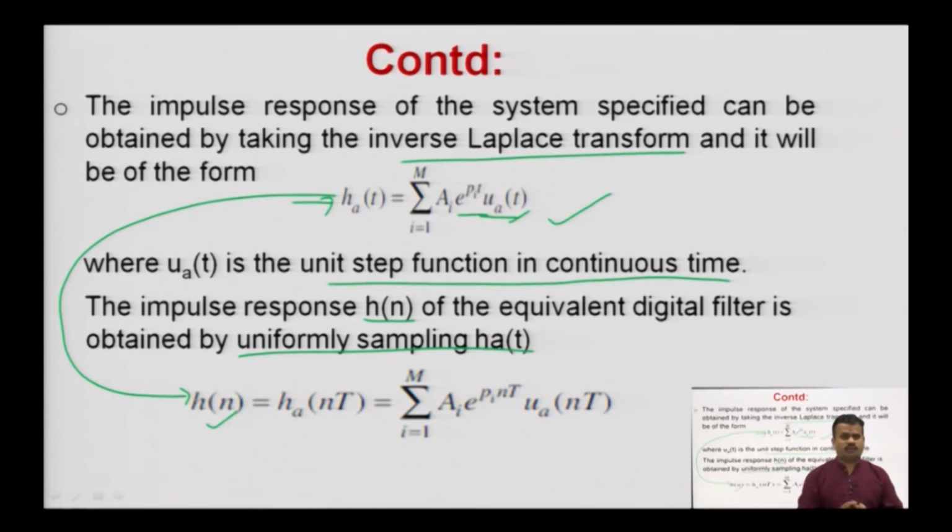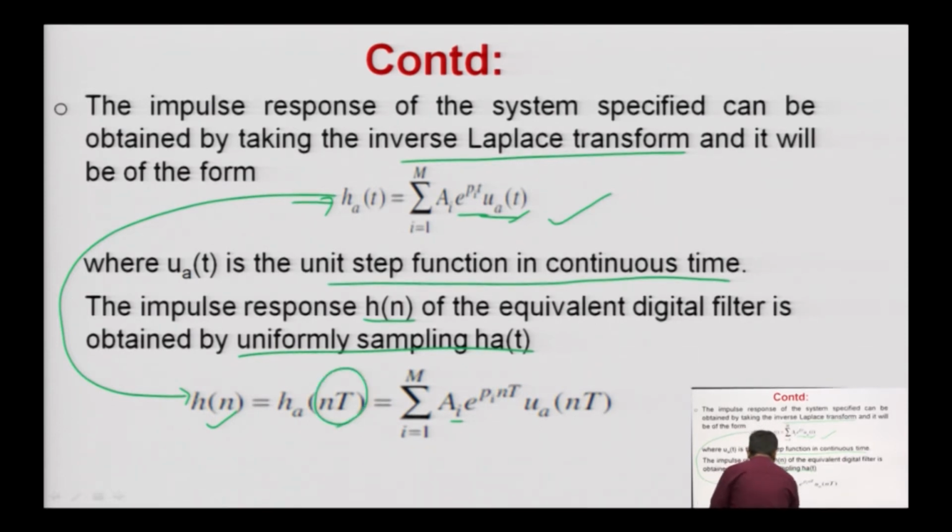So, small h(n) is equal to h_a(nT), it means you are doing the uniform sampling of h_a(t), and that is equal to summation from i = 1 to m of a_i, similarly e to the power p_i t. Now, you are doing the uniform sampling at that instant. So, you have to put t equal to small n into capital T, and u_a(t) equal to u_a(nT). So, this is your h(n). So, here your two steps are cleared.